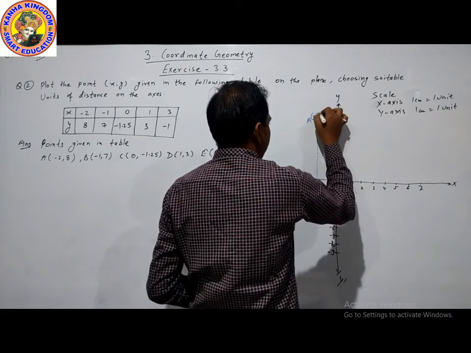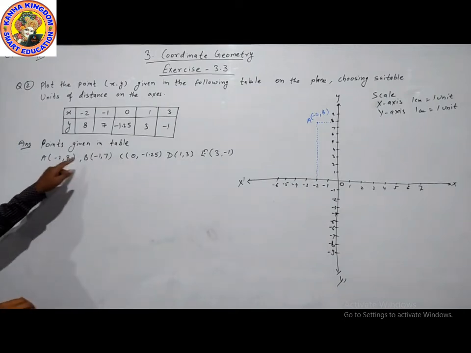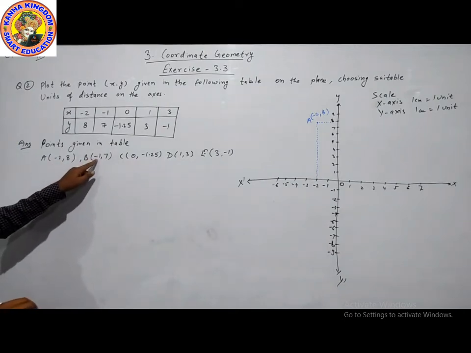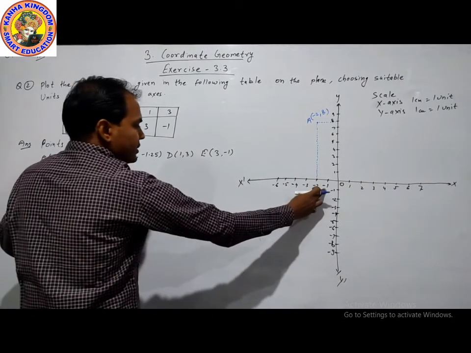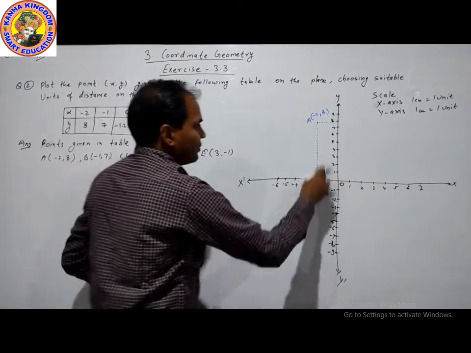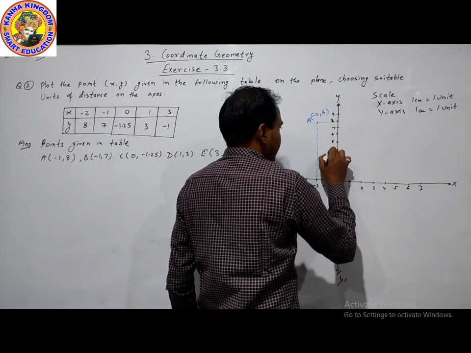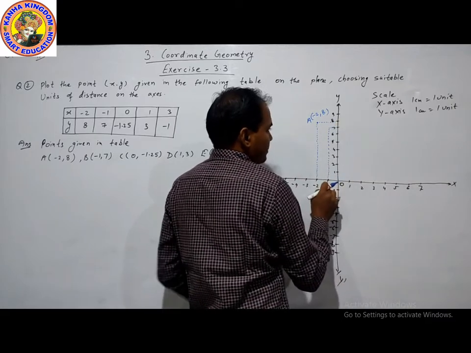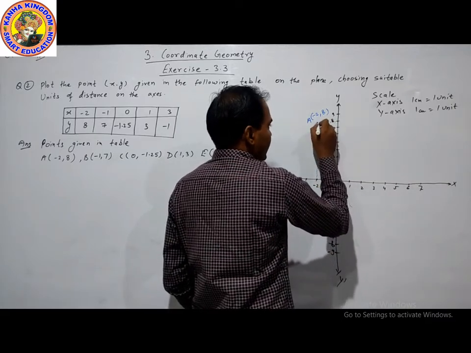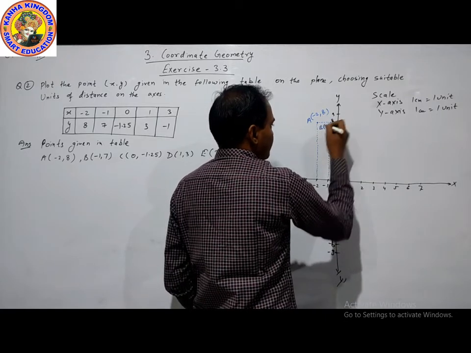Point A is (-2, 8). Point B: x is -1, y is 7. Taking a line here, x is -1, y is 7, here is point B, (-1, 7).